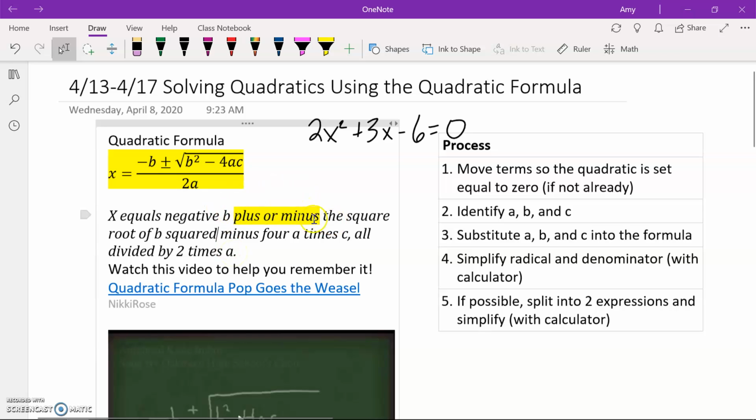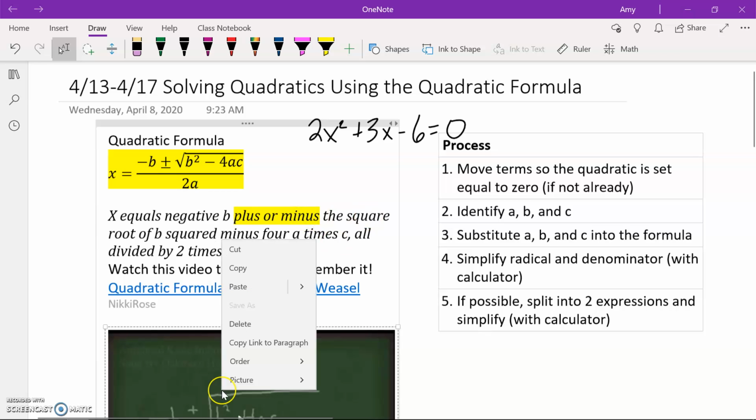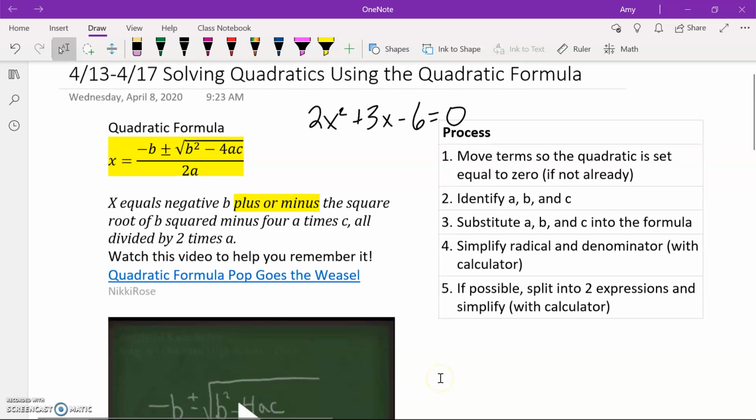The first is that plus or minus. Just like when we were solving by square roots, we have two possible solutions to most quadratics. And so if we have two solutions, we want to show that by having a positive and a negative for that radical. You also see this negative b.